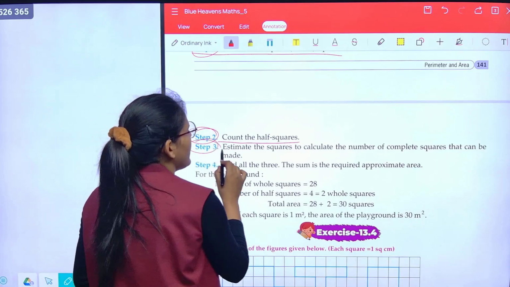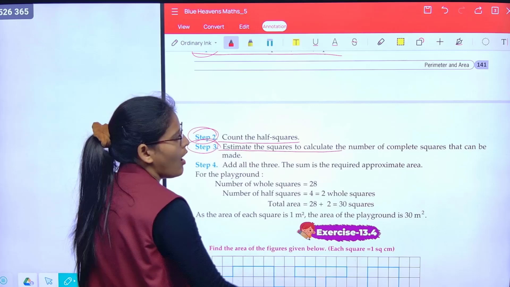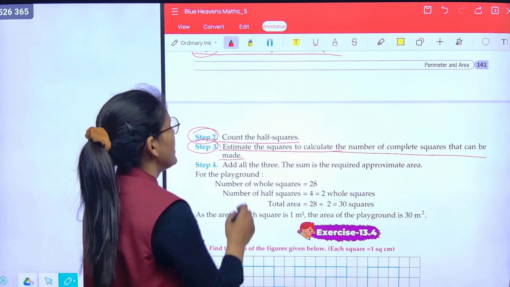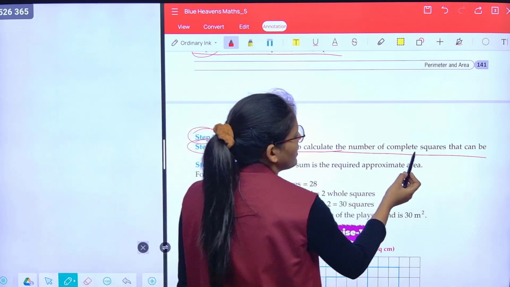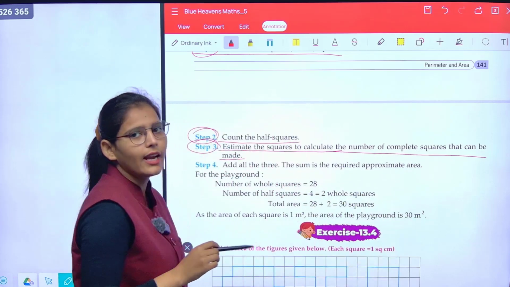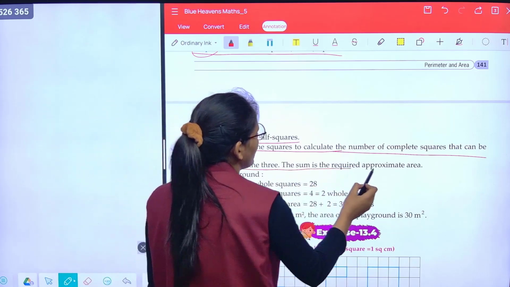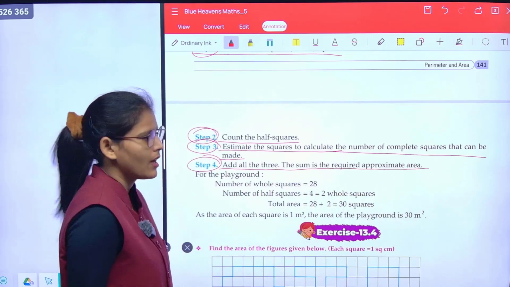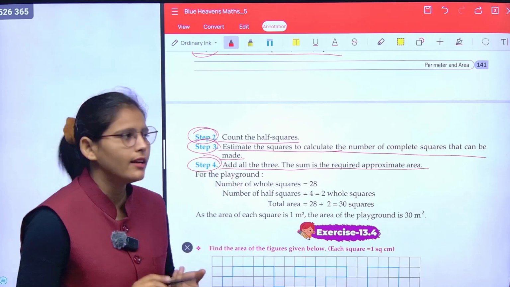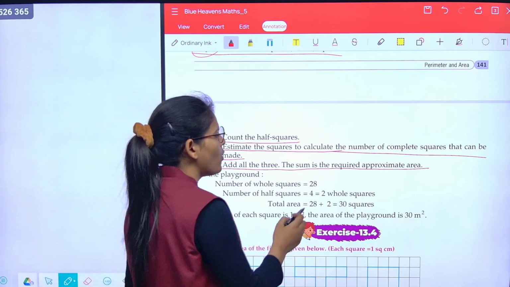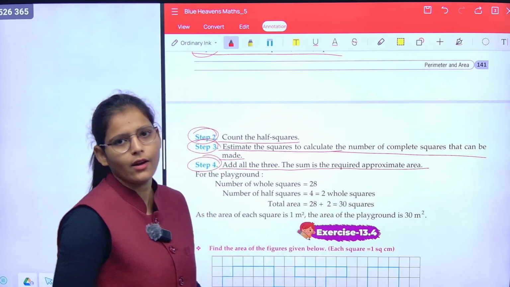Step 3: estimate the squares to calculate the number of complete squares that can be made. Now step 4: add all the three. The sum is the required approximate area.